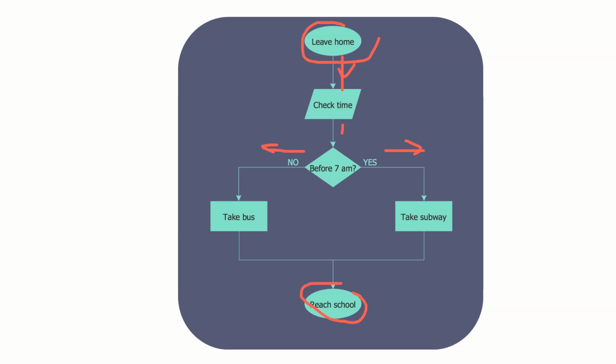It needs to start from somewhere and end somewhere. So anytime you have a flowchart that doesn't have a start and doesn't have a stop, forget it. It's wrong. You lose marks for not including that. Are we okay? All right. Let's move on.